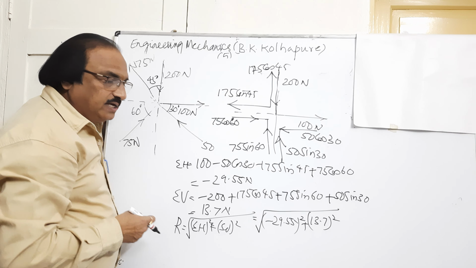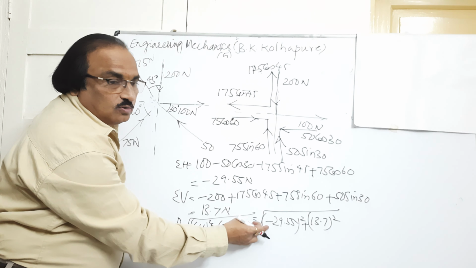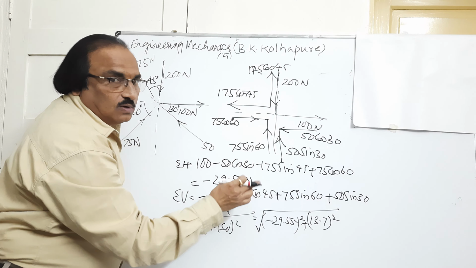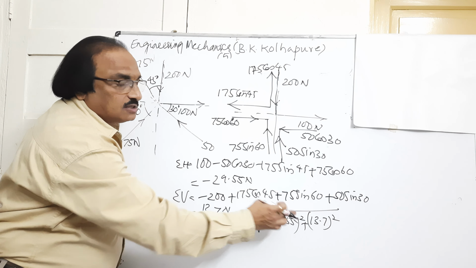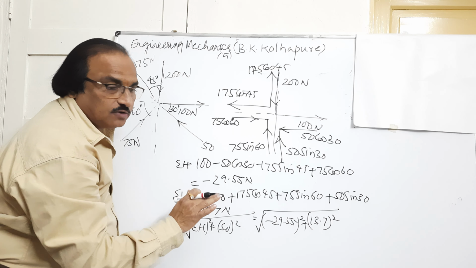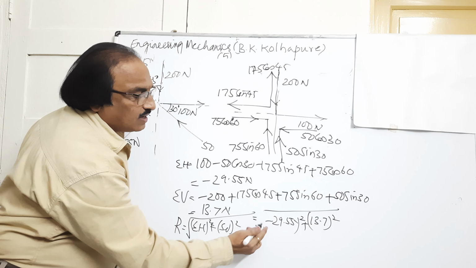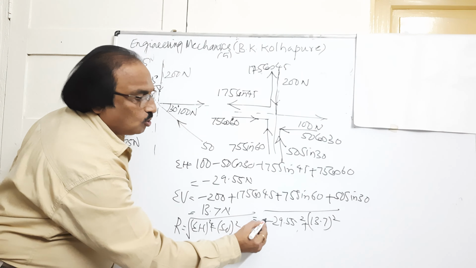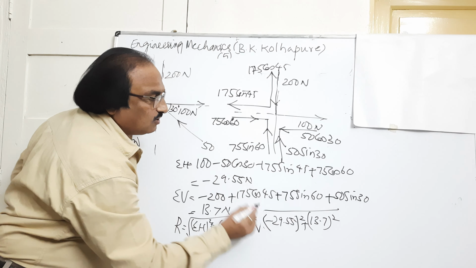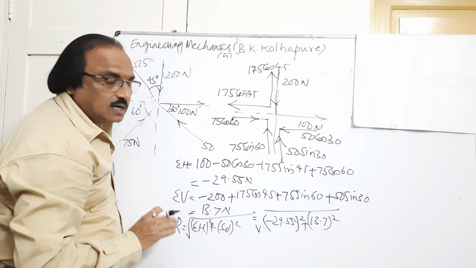One thing you should note here, this is a minus value, but we are squaring it. Whether it is plus or minus, the value is plus only, because minus minus will become plus. You should be careful. Don't write it like this, minus 29.55 square. This whole thing is to be squared. So whatever negative values you are getting, they will become positive.